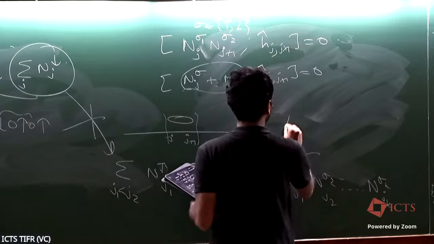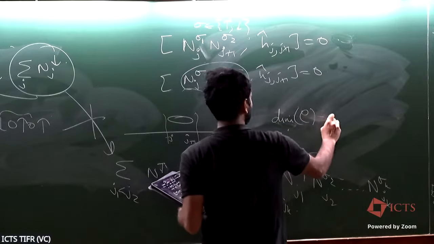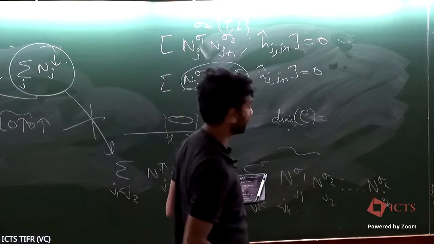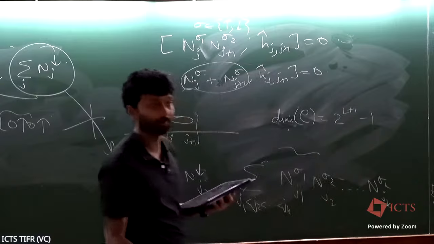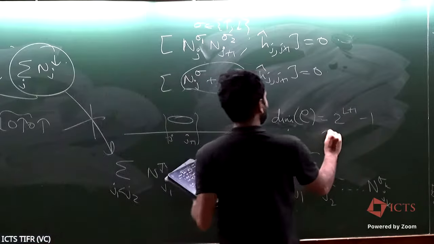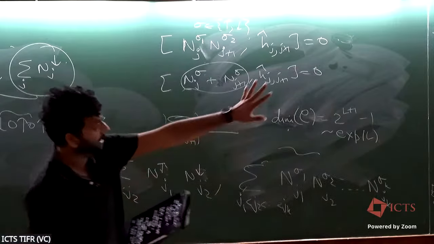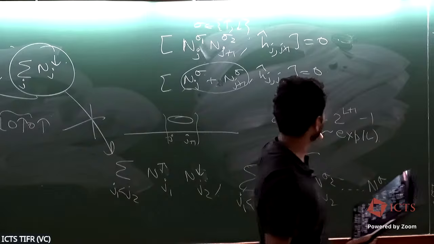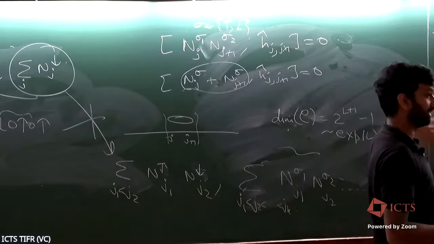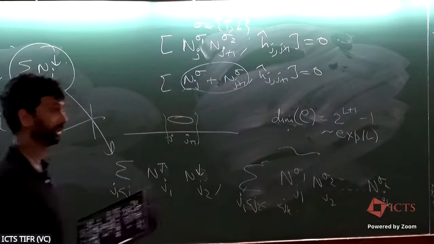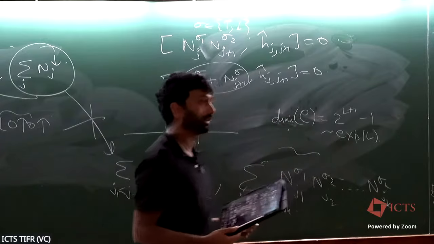In total, you find that the number of conservation laws, which is the dimension of the commutant, is spanned by operators of this form, and you can count it to be, I think, 2 to the L plus 1 minus 1. But the point is that this grows exponentially with system size. And I said that the number of blocks is proportional to the dimension of the commutant, which is exponentially large. And so this is a fragmented model. Whenever you find that the dimension of the commutant is exponentially large, that is what we call fragmentation.